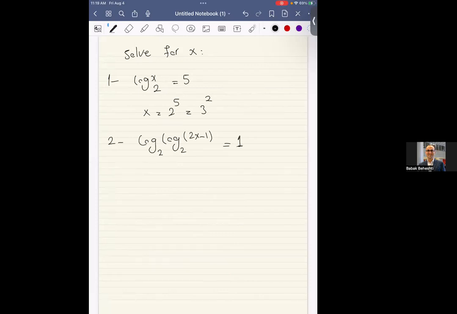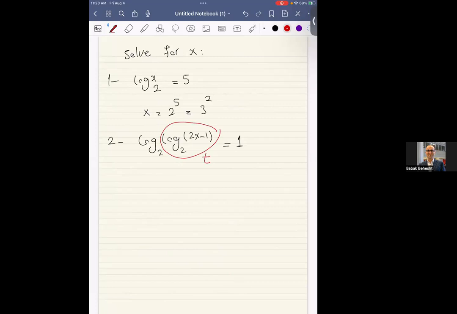So if you have double logs, what can you do? Let's say that this second log is t. Let's say that this is t. So we change a variable, just for simplification.